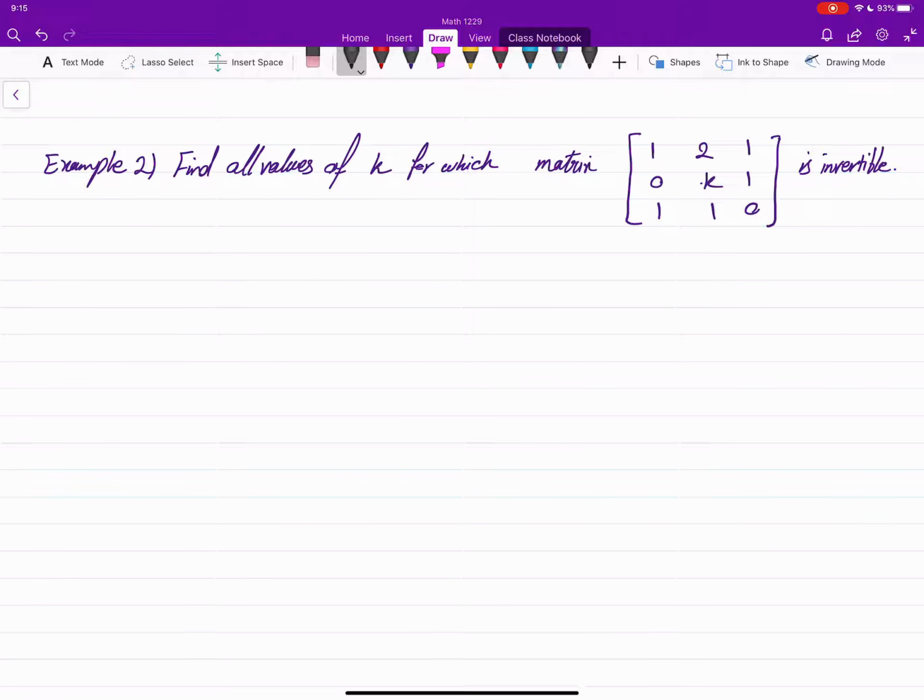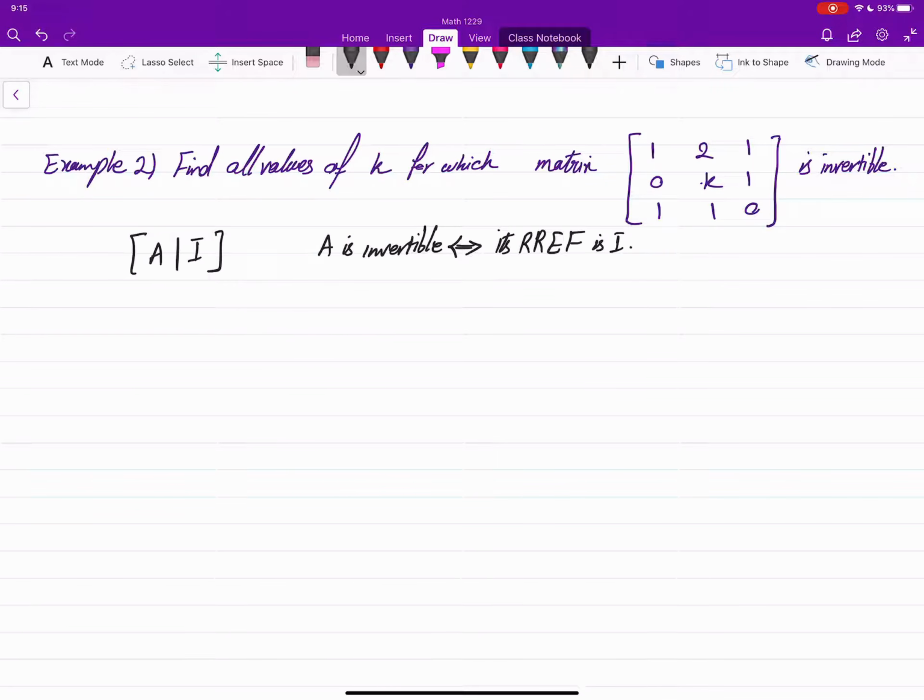You can again start with doing [A | I], but at the end we won't be able to complete the whole process if there's a k in the system. So what we do in this case is use the fact that A is invertible if and only if its row reduced echelon form is the identity.